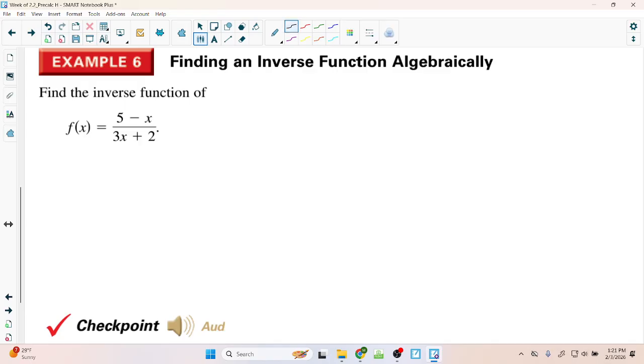Okay, so I'm going to give you the steps to this. Step 1, you're going to swap x and y. Have you done this before?